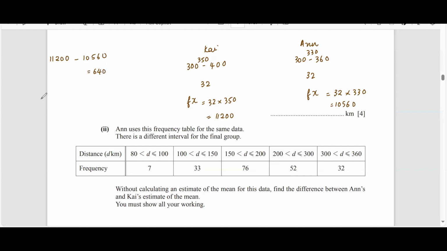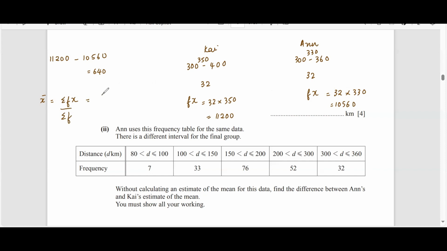And we know the estimate of the mean formula: x bar is equal to sigma fx by sigma f. So here we found both fx values, and the only change was with the last interval, 300 to 400 for Kai, and 300 to 360 for Anne. After finding both fx values, you subtract them.